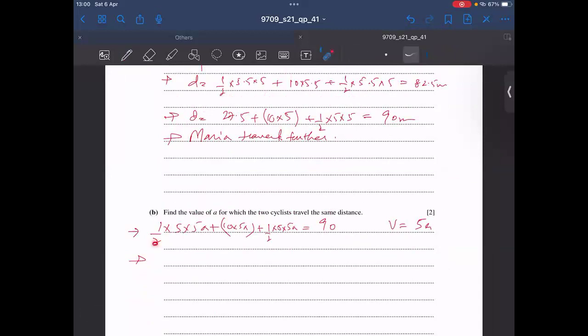I've kept the distance traveled by Isabella equivalent to the distance traveled by Maria, equivalent to 90. So it's going to be 12 and a half A plus 12 and a half A plus 50A. So it's going to be 75A equals 90, and A is going to be equal to 6 over 5.